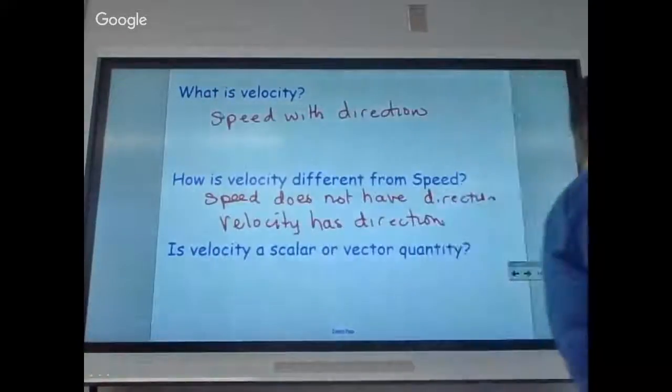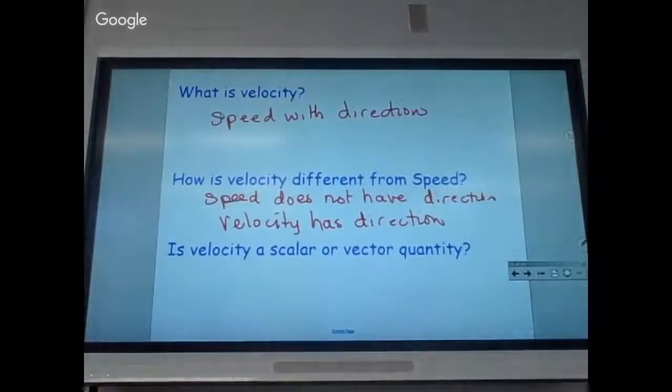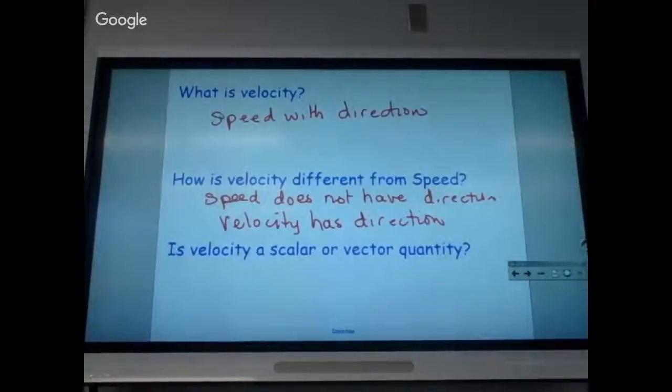So when we were calculating speed, did I list a direction in any of those word problems that you did last week? No. These problems are going to say so-and-so was traveling 15 miles west. When we calculate the answer, we will have to give the direction to give a velocity.